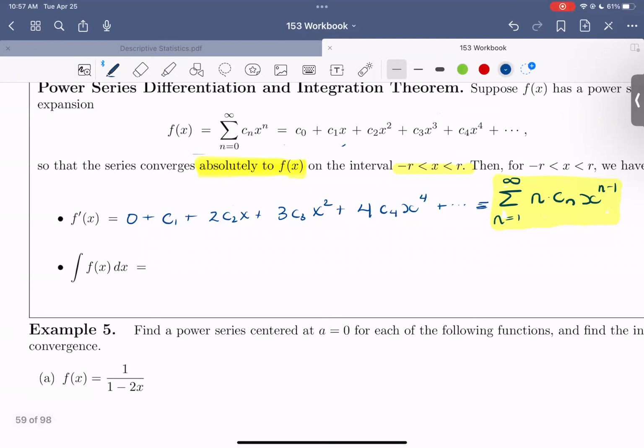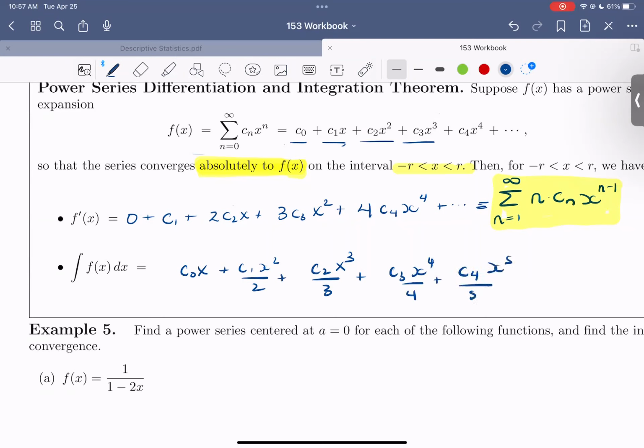The antiderivative of c0 is just c0 x. The antiderivative of c1 x is c1 x squared over 2. The antiderivative of c2 x squared is c2 x cubed over 3. The antiderivative of c3 x cubed is c3 x to the fourth over 4. And we'll write out one more term, c4 x to the fifth over 5.